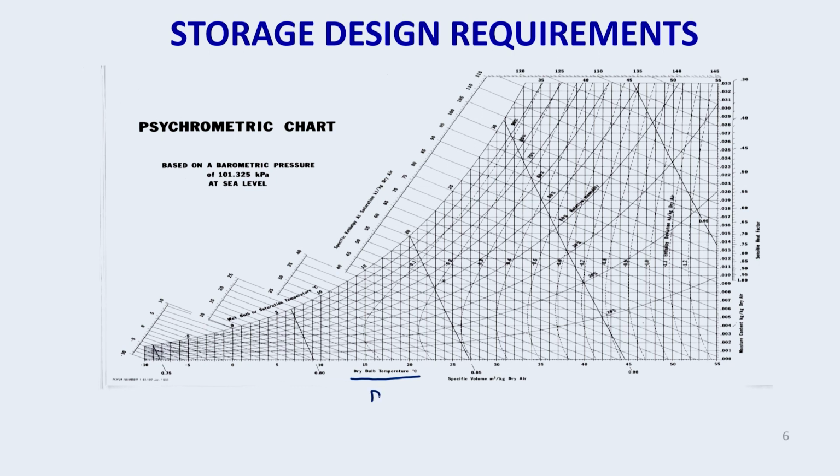This is the dry bulb temperature in degrees centigrade. That is the x-axis. Y-axis is specific humidity. It is represented by the letter W. Its unit is kg per kg of dry air.